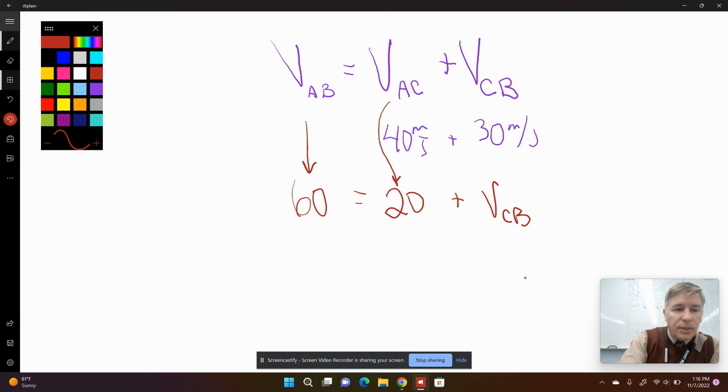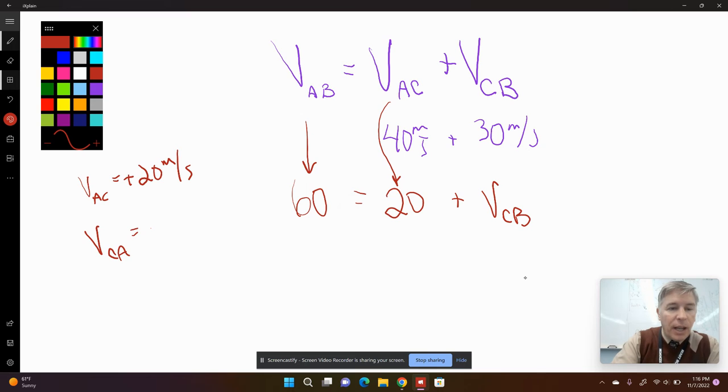I can also say, okay, if I know that VAC is a positive 20 meters per second, that's the velocity of car A relative to C, I can flip it around and VCA would actually be negative 20 meters per second.